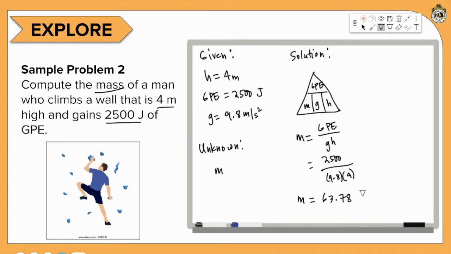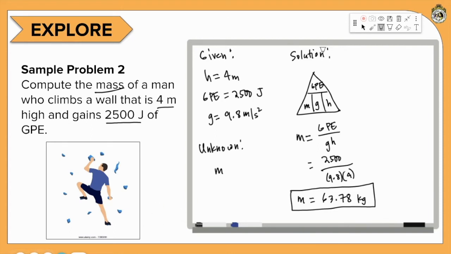And this is mass, so the unit should be kilogram. So we have answered the problem already. The mass of the man who climbs the wall is 63.78 kilograms. Again, if you need more time, please just pause the video.